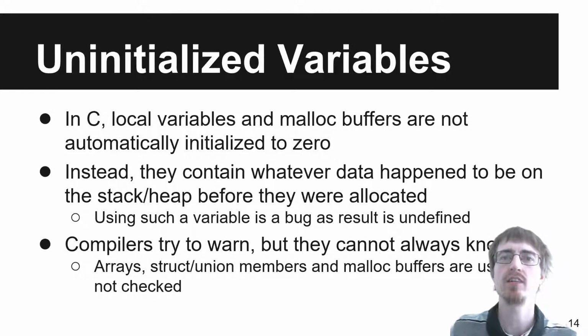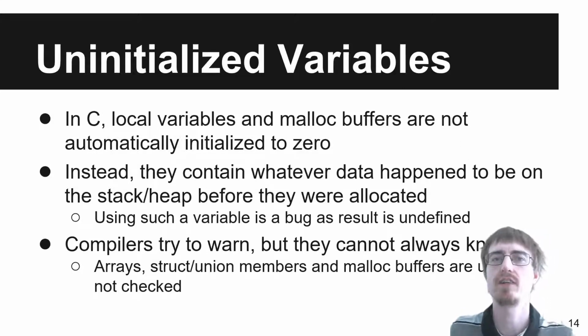Now that we've discussed use after free vulnerabilities, let's look at the other major class of temporal vulnerabilities. Whereas a use after free vulnerability means that we're using a buffer after its intended lifetime, uninitialized variables mean quite the opposite. In the case of an uninitialized variable, we read a buffer before it has been initialized.